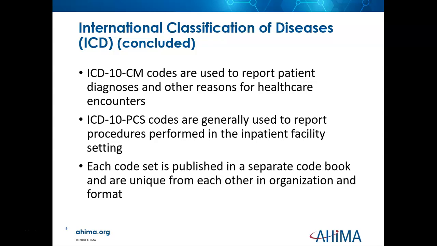We will talk more about that in later modules when we get into more detail regarding inpatient facility coding. PCS are those codes that identify the procedures performed, like say you're hospitalized for a heart attack and you have a bypass procedure. That would be identified with that PCS code.